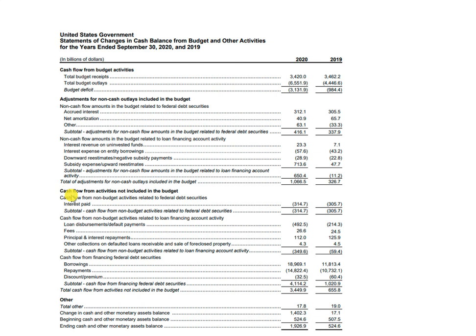We're going to subtract cash flows from activities not included in the budget. For example, interest paid. Interest is not in the budget. So when we get to our cash balances, we have to subtract the interest payment from the budget numbers. Okay.